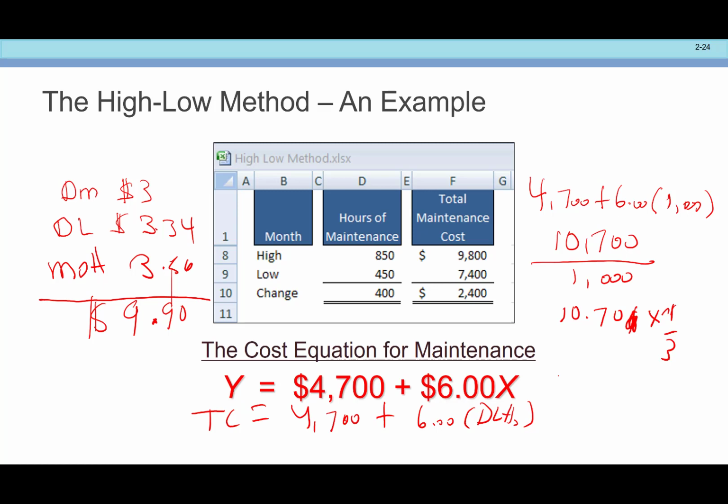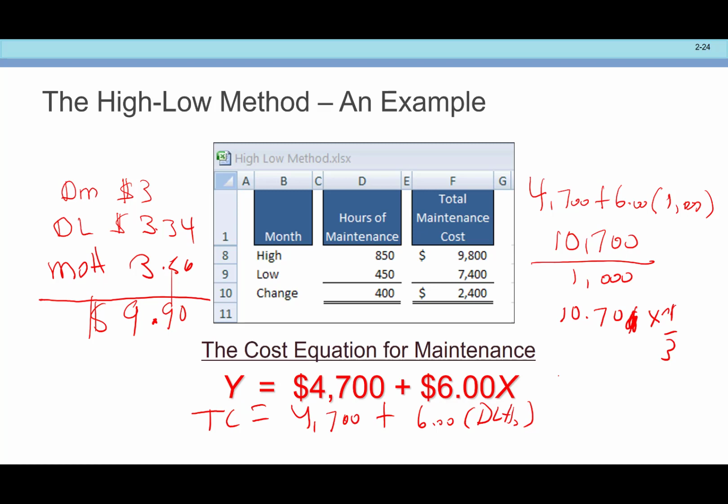Do we have a rate? But you're not getting 1070? Well, do you understand that our fixed costs are 4,700? You see where we got that?